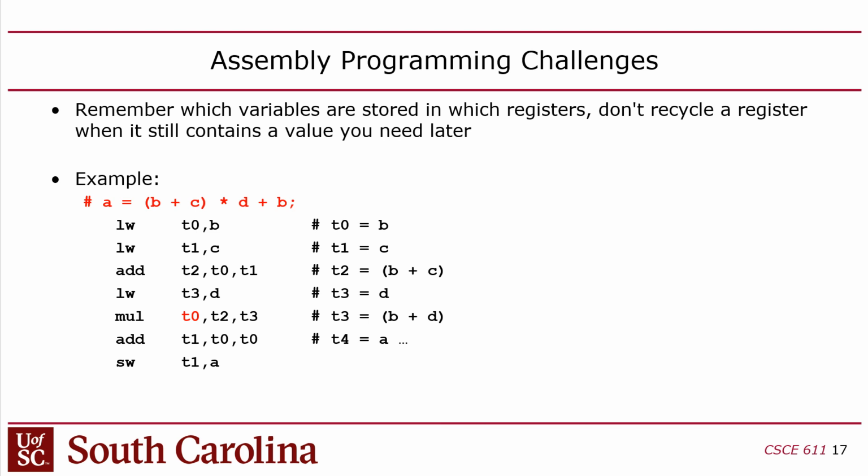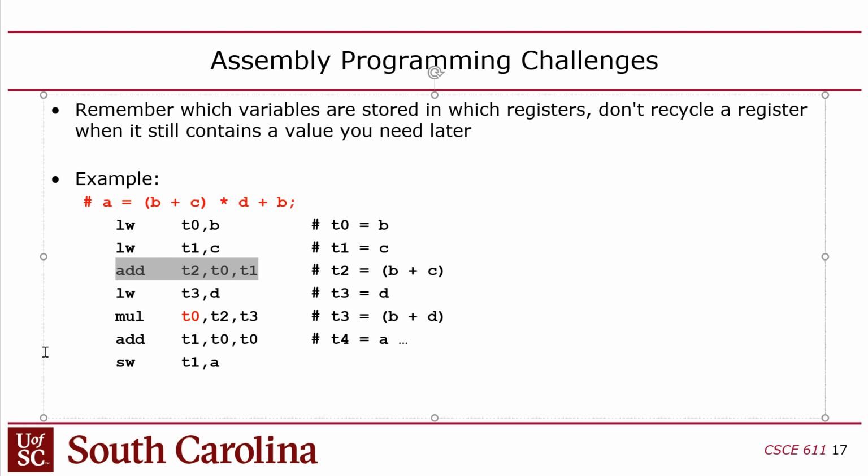I could have saved this intermediate value into T1, which would have recycled the register that was originally holding C, because I won't need C again, at least not in the code that I'm converting to assembly language. But instead, I chose to allocate a new register, T2. So technically, T1 was available at the point in which I could have used T1 as the destination for that add, but I didn't. I used T2.